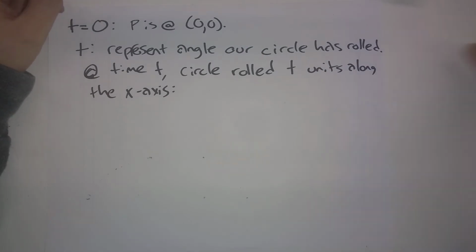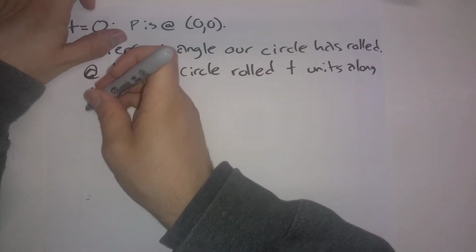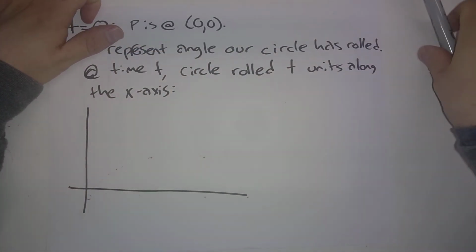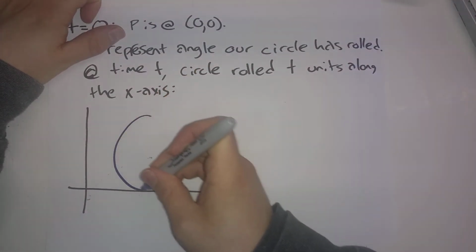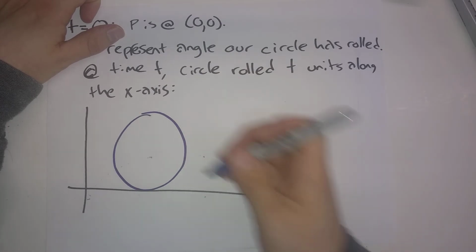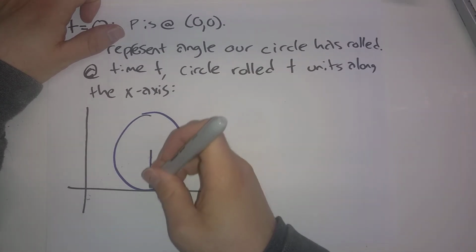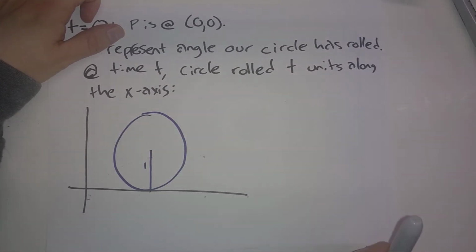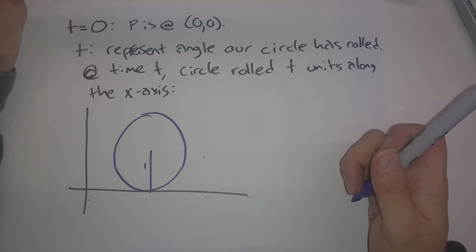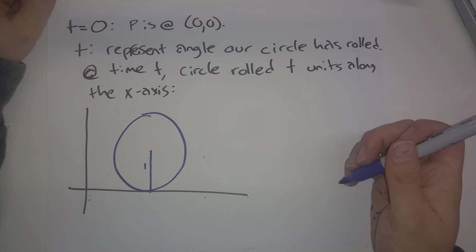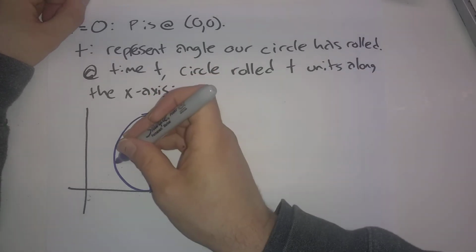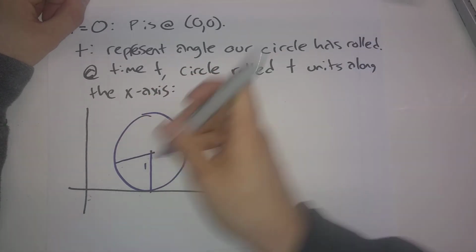Okay, let me draw a picture here to better illustrate what's going on. So right here is our circle of radius 1. And what we are assuming here is that we are forming an angle here, t.